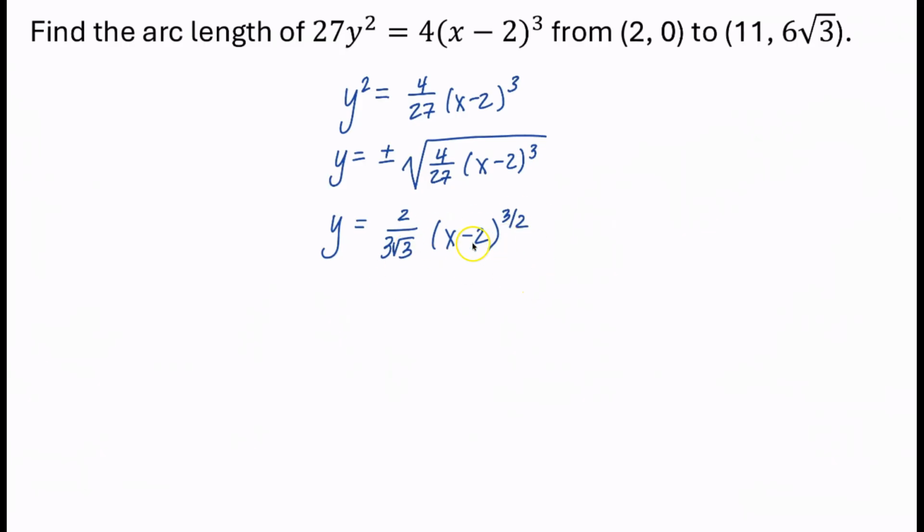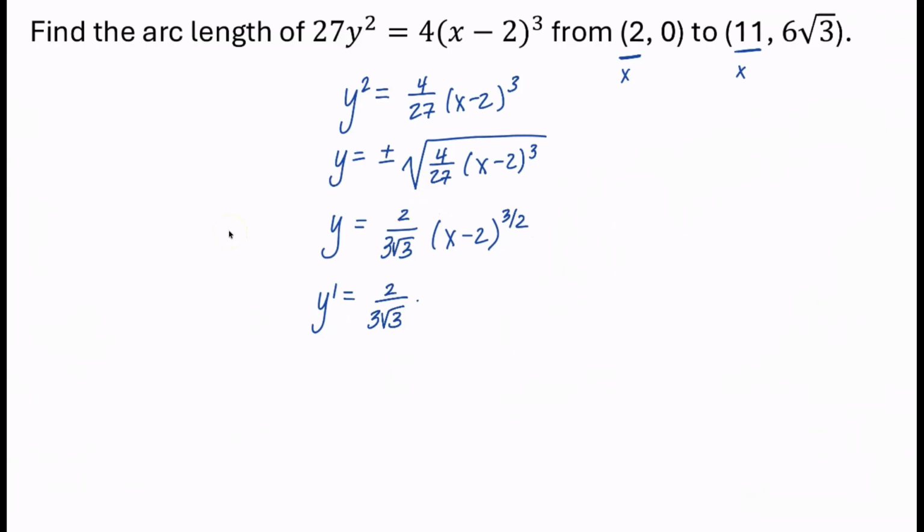And I know I'm going to need to take the derivative of this, and I'm going to need to focus on the x values from my coordinate points. So this is our x value and this is our other x value because we just solved to be a function of x. So let's take the derivative now. Y prime is equal to, let's leave 2 over 3√3 in the front. And then we're going to apply the chain rule.